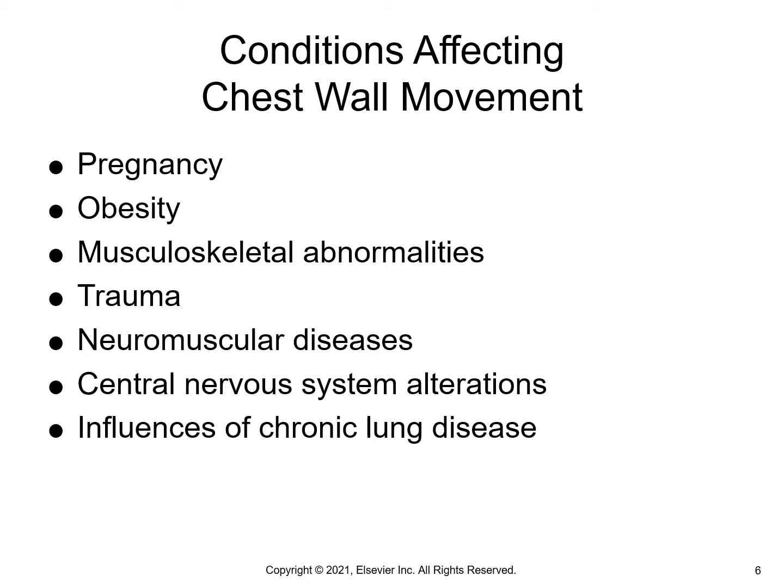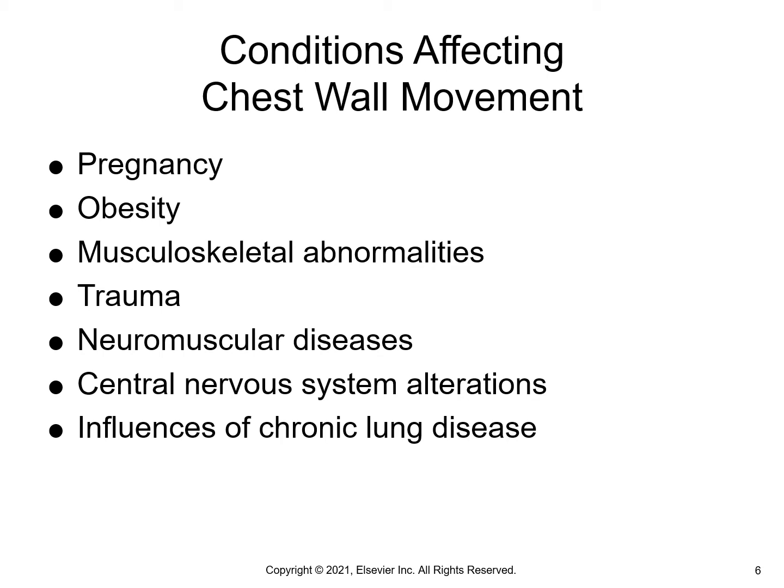So any condition really that reduces that chest wall movement is going to lead to decreased ventilation. So anything that pushes against the diaphragm, trauma. Obesity also is another, especially morbid obesity, is correlated with reduced lung volumes, and now you have more surface for the lungs to cover, especially if they're lying in a recumbent or supine position.